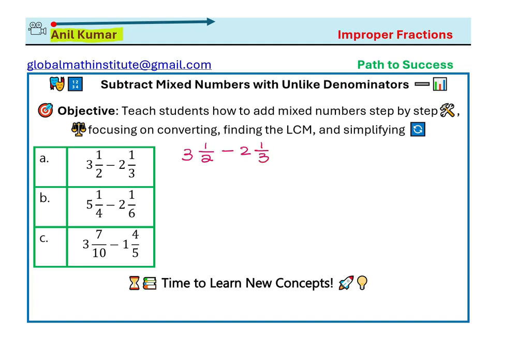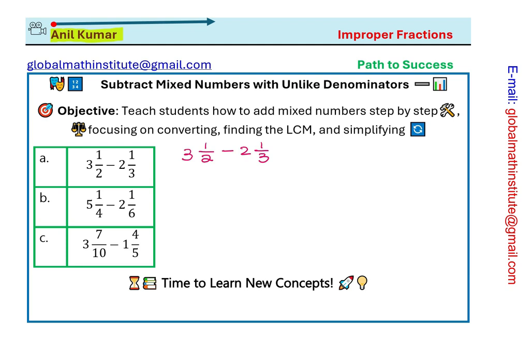Now this type of question can be solved very easily by not converting to improper fractions. However, we'll follow one strategy where we will be converting to improper fractions in general, right? So the first step will be to convert to improper fraction.